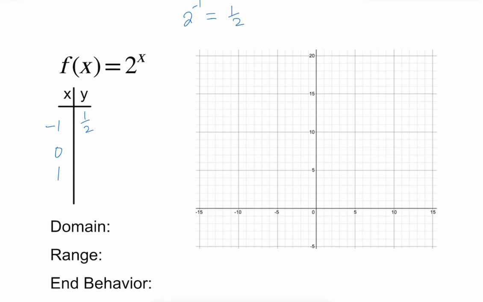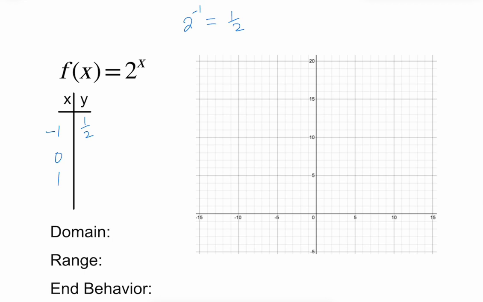And then we're going to plug in 0, and then 2 to the 0 power is always 1. So remember, everything to the 0 power is 1. So that's two main things to remember about exponentials: if you have a power that's negative, the job of the negative is to take the reciprocal. If you have 0, the job of that is to make it 1. And then 2 to the first is just 2.